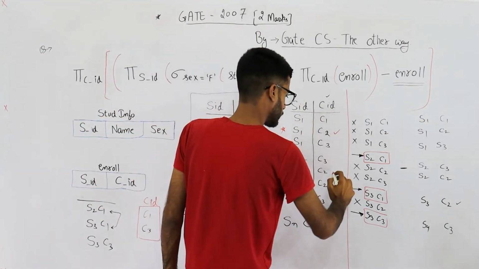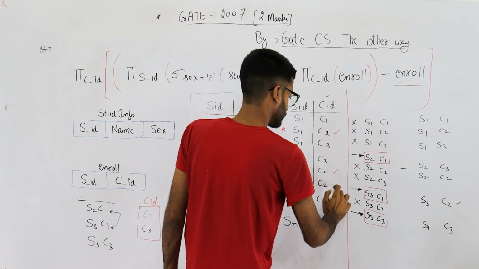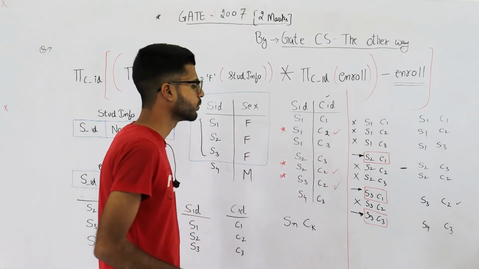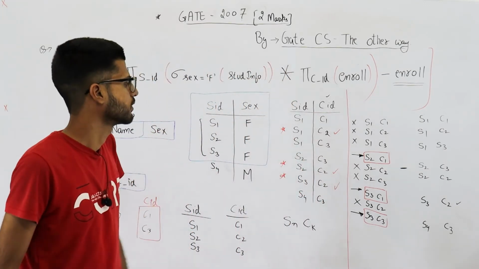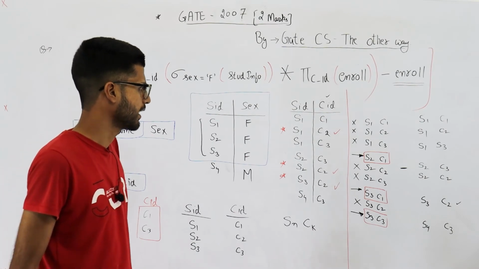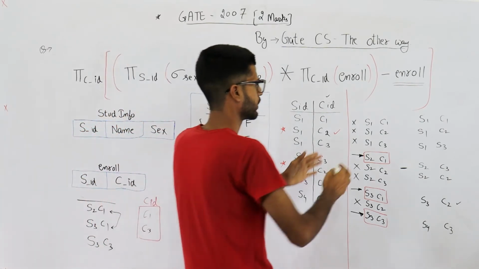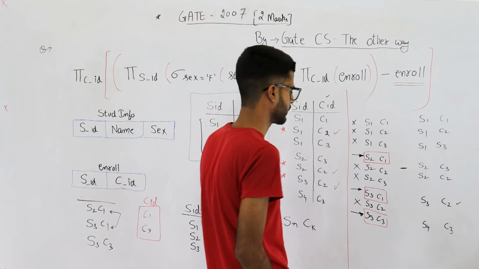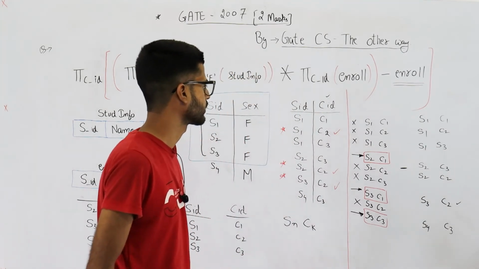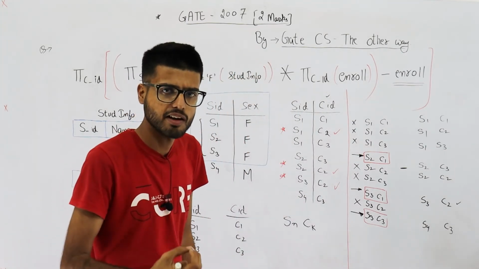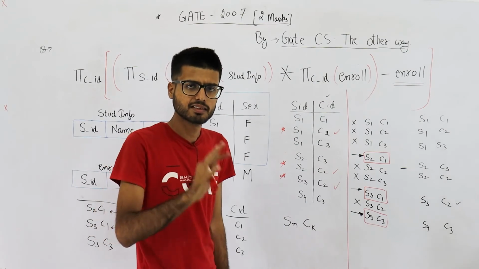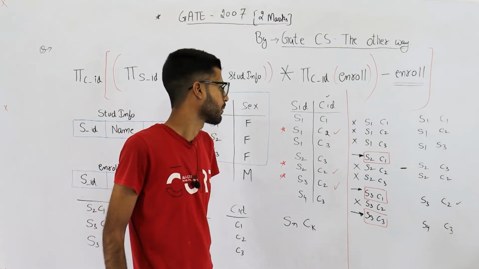Course C2, and course C2. What will be the effect of such a scenario? That means in the table or cross product that we just created, we imagined that each and every female student has enrolled for each and every course.